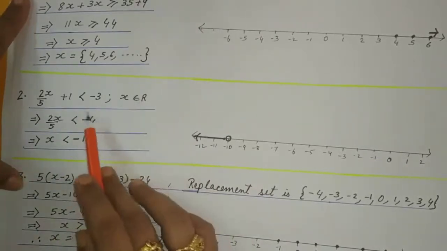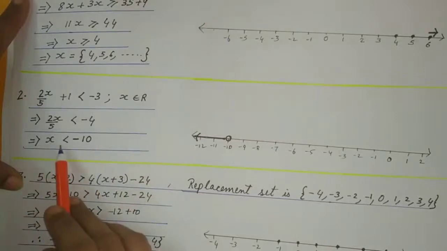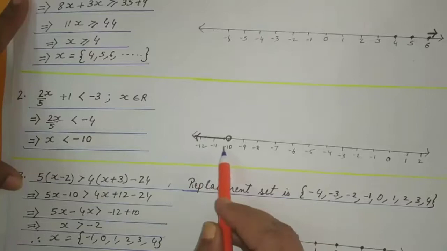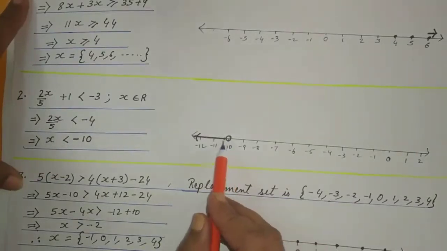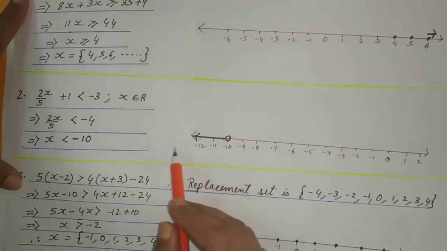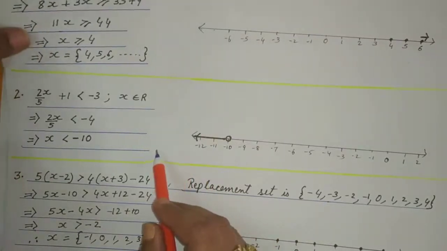So when you solve, you will get the answer x is less than minus 10. So the representation is a small circle at minus 10, a darkened line towards the left hand side, and a darkened arrow showing that it can extend to the left hand side endlessly.